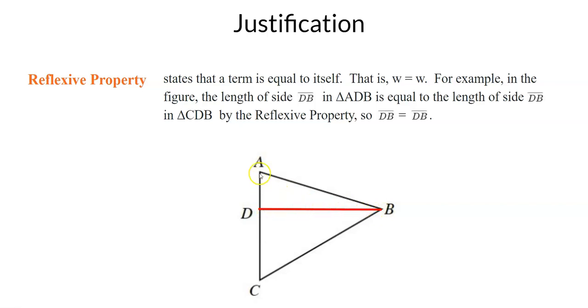There are actually two triangles right here, and this leg of both triangles are on top of each other, so they're sharing a common leg right there. That's why we're saying that DB is equal to DB.